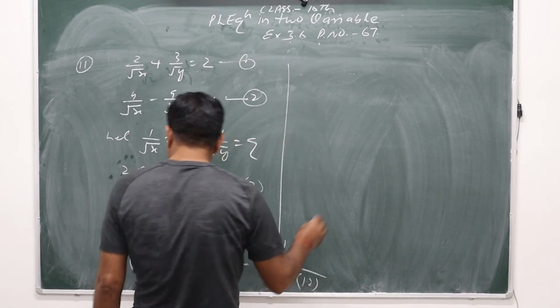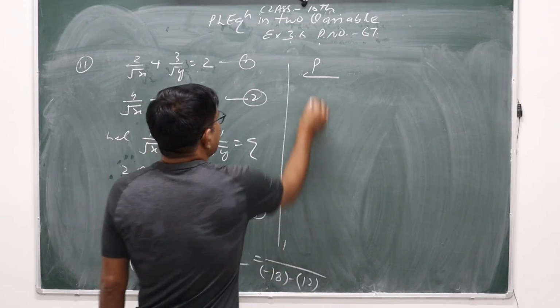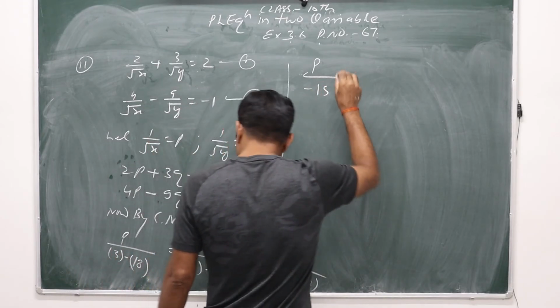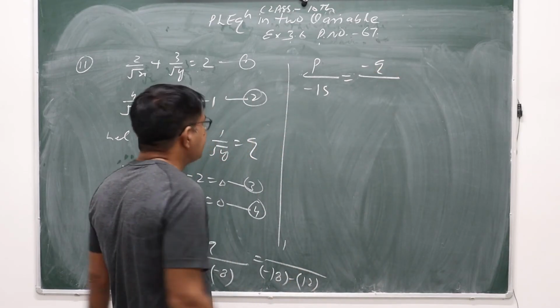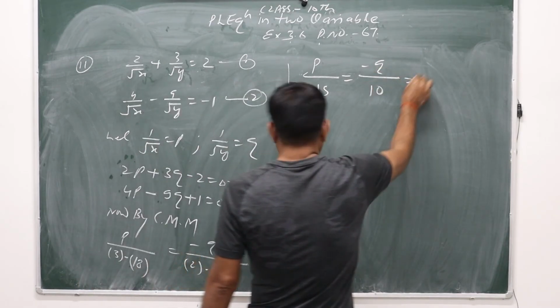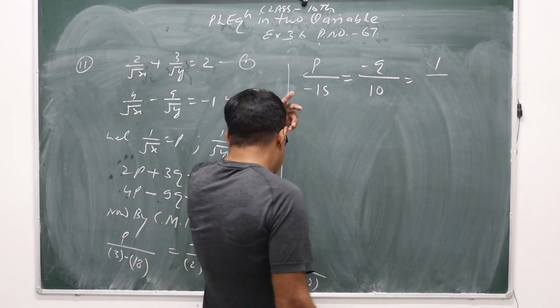So finally आपके पास आया p upon 3 minus 18 that is minus 15 is equals to minus q upon 2 plus 8 that is 10 is equals to 1 upon minus 18 minus 12 that is minus of 30.